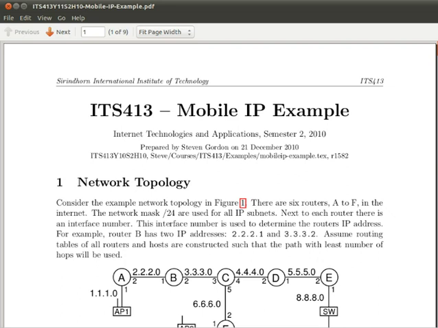We have an example simple IP network. You've got it in front of you. I'll draw it quickly.